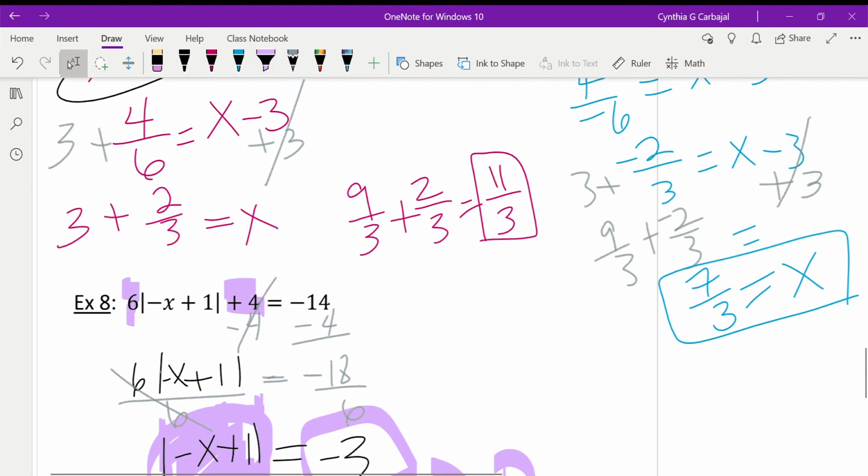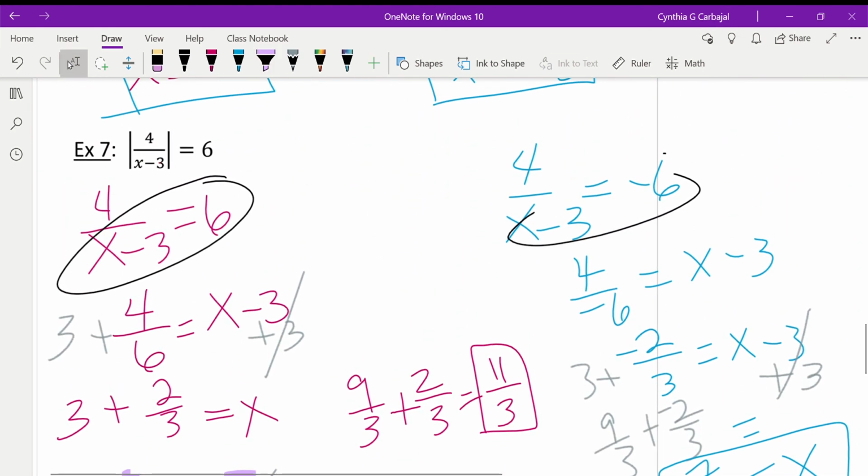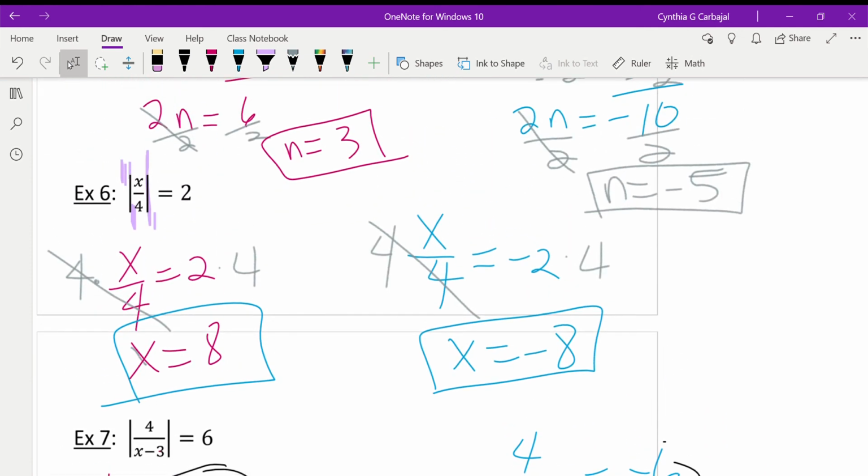So if you look back, here it was a positive 6 and to a negative 6 also. But initially, it should always be a positive number. Why? Because the absolute value of any number should be equal to a positive answer. So here, again, it was equal to a positive 2, so we were able to solve.